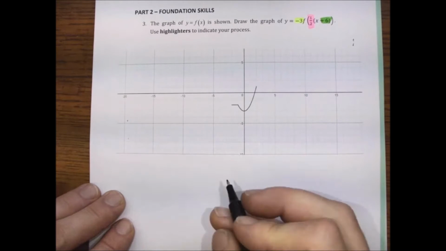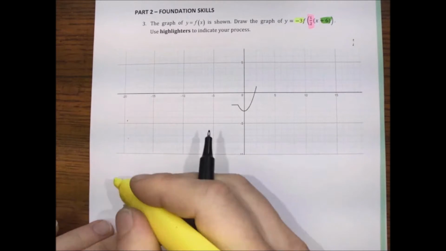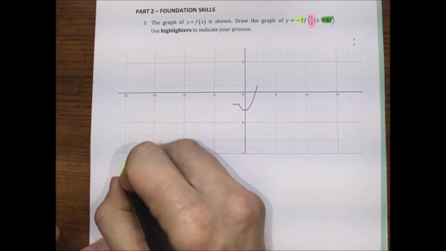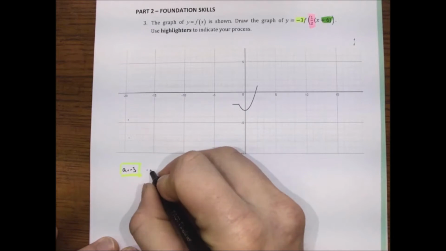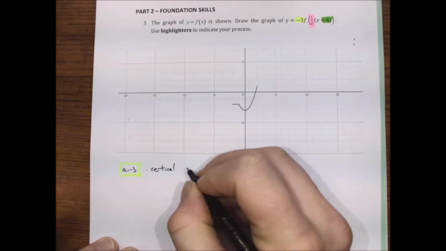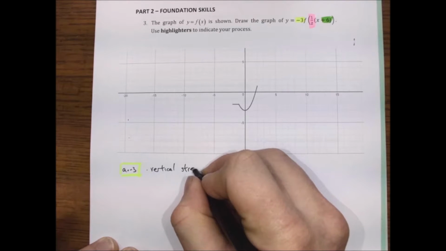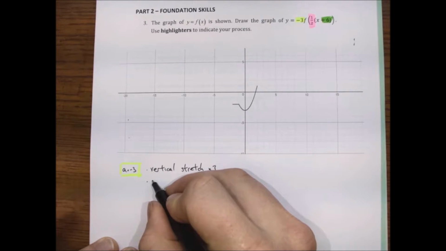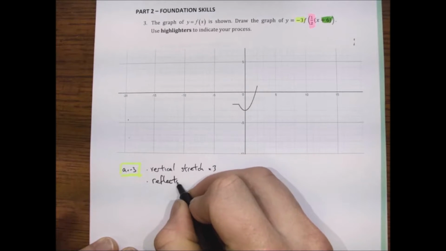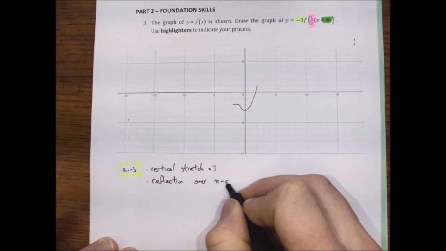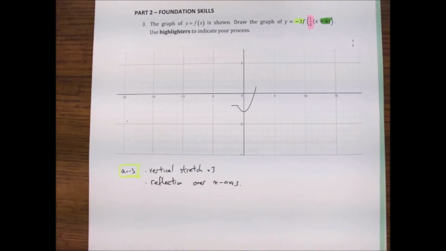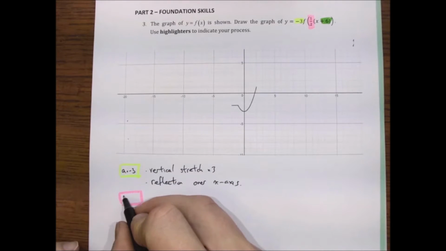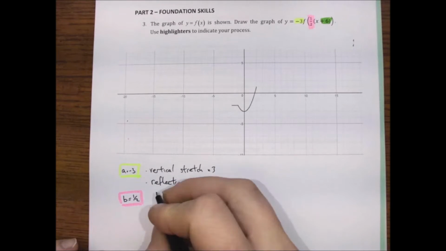All right, those are going to translate to, I'm going to use highlighters to specify each of these steps. And my yellow value here means my a value is negative 3, meaning I have a vertical stretch by 3. Also, it's negative, so that means we have a reflection over the x-axis. And then we have our b value, which is 1/2.